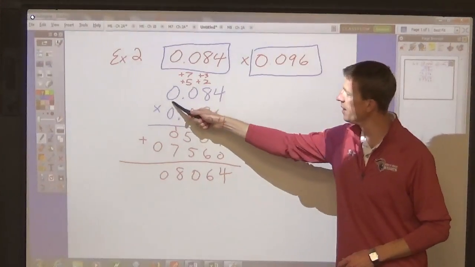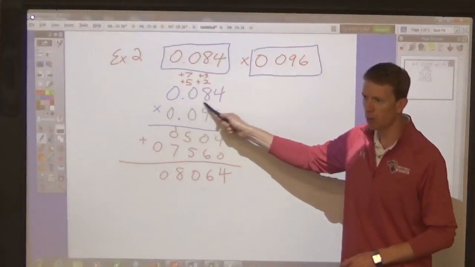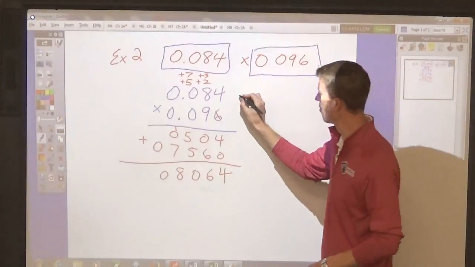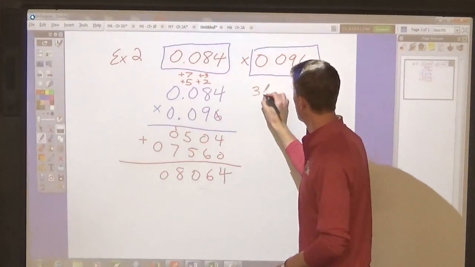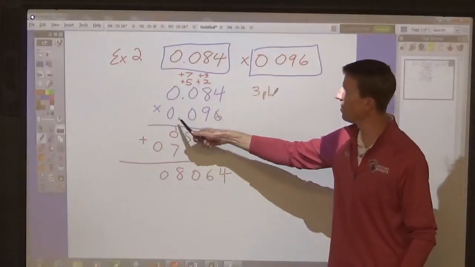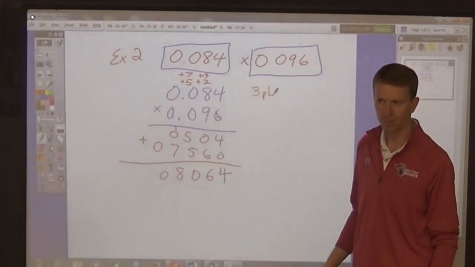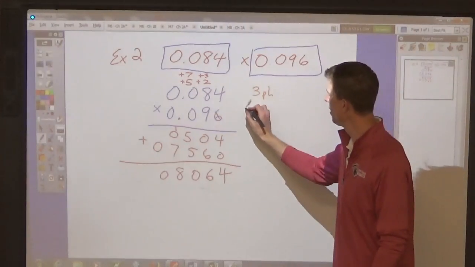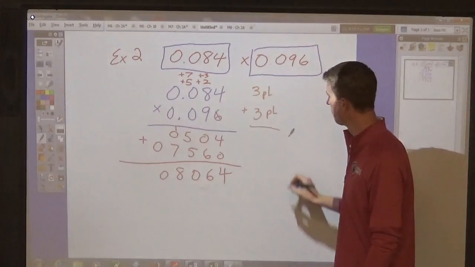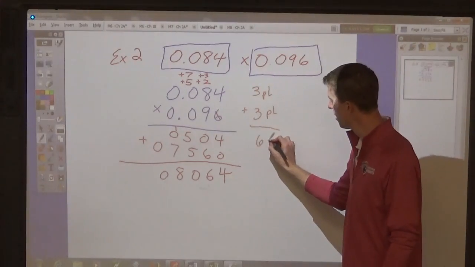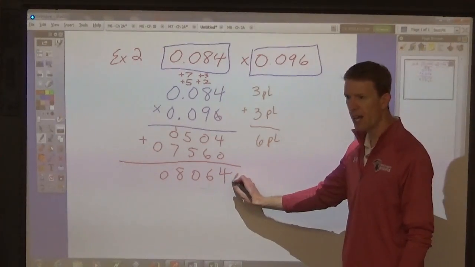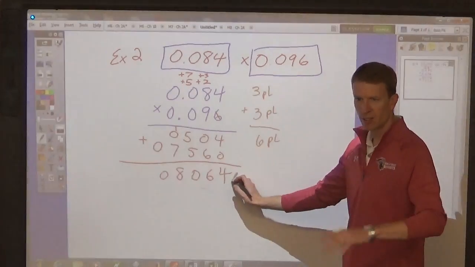How many places in this number are behind the decimal point? Trevor? 3. 3 places. How many in this number? Johnny? 3. That's a total of how many? 6 places.